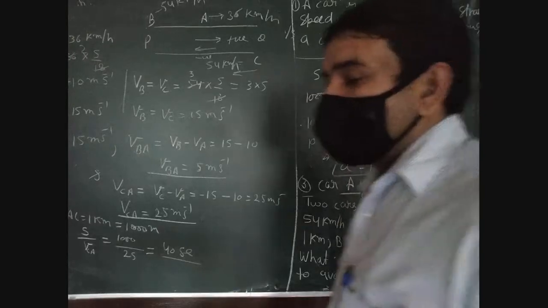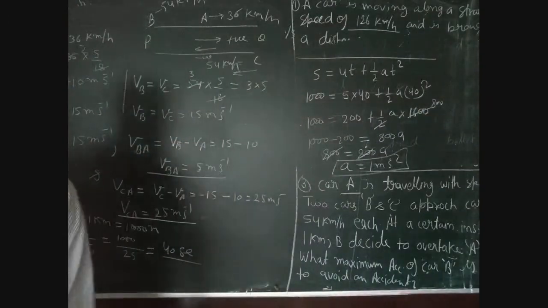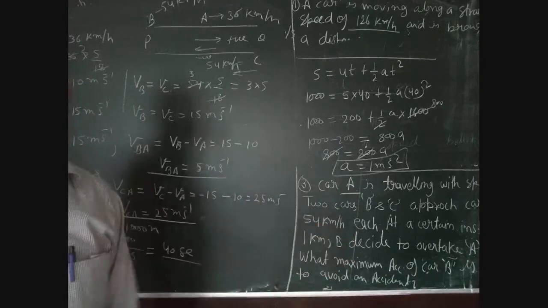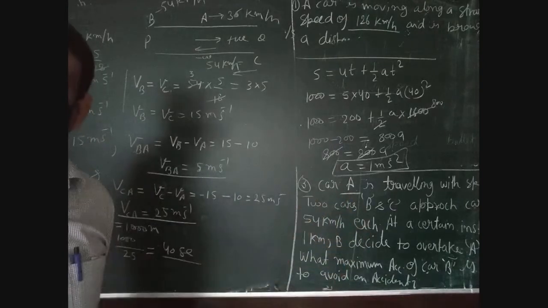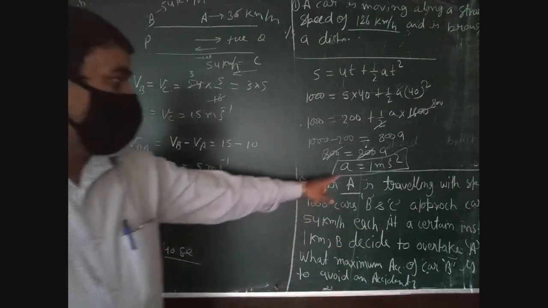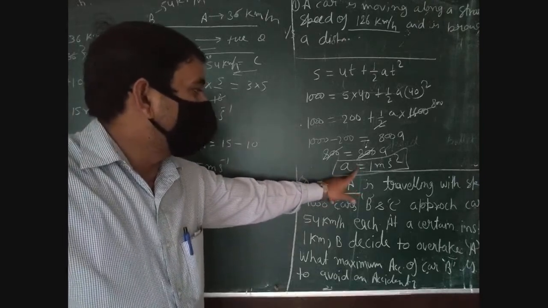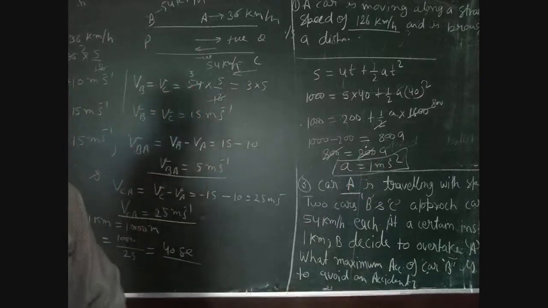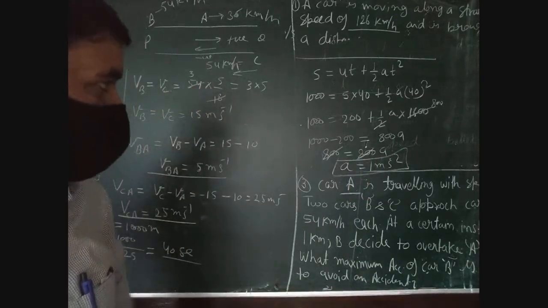So if car B wants to overtake and avoid an accident before car C, B has to accelerate by 1 meter per second square. Okay, just note it.